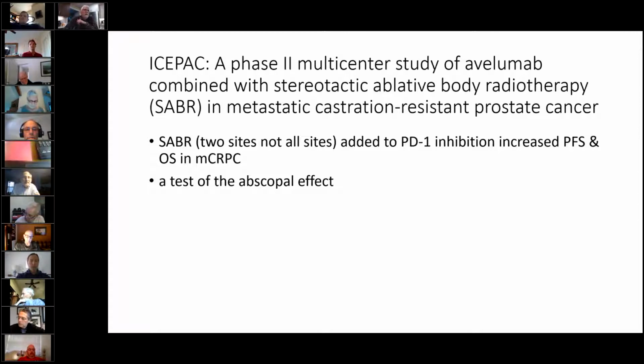And there have been some trials looking at that. In the past, if someone had metastatic disease, they would just spot treat that. Now there's some evidence that suggests the abscopal effect may make it more likely.